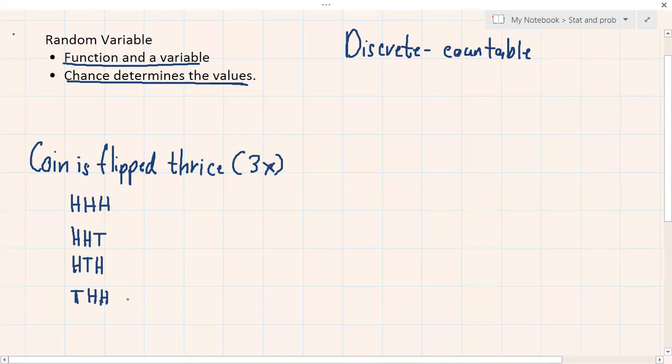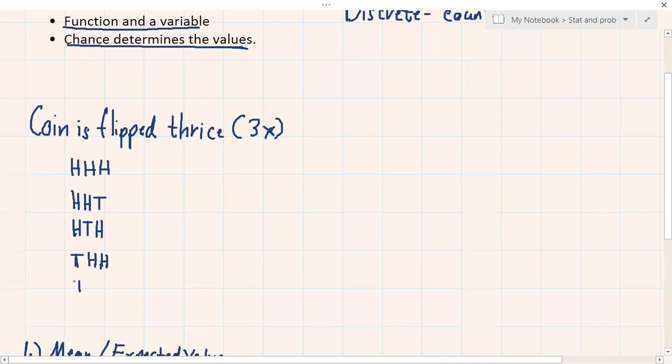Now, let's try this way. Okay. How about ganito? What if you flip the coin once, tail makukuha mo, then pagka second try mo, tail din makukuha mo, then sa last try, makukuha mo ay si head.